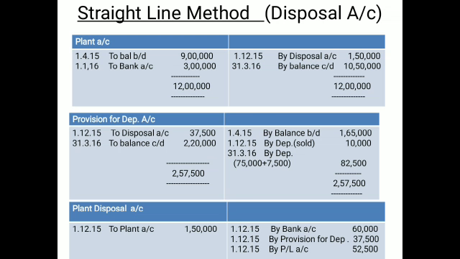The by depreciation refers to how you calculate the whole year value on the 7,50,000. You have to apply the rate, 75,000, and on the 3 lakh machinery you have to apply it for 3 months. So the value will come and then calculate the balance. So this is the scheme of the straight line method, how to prepare without disposal and with disposal. Thank you.